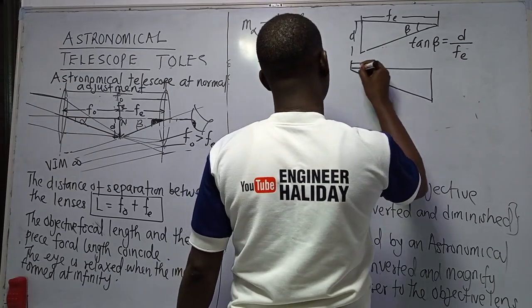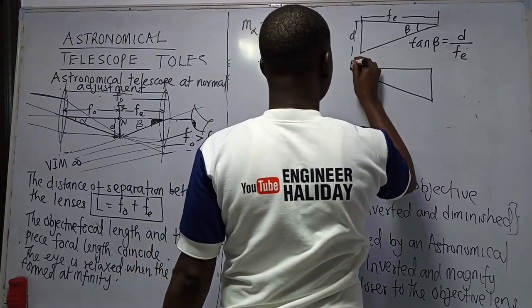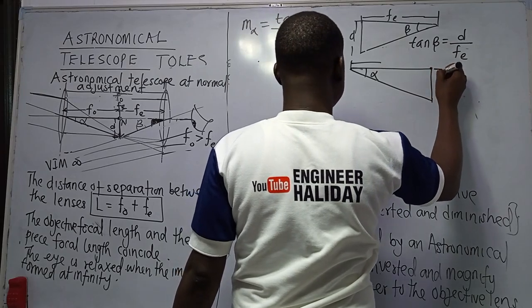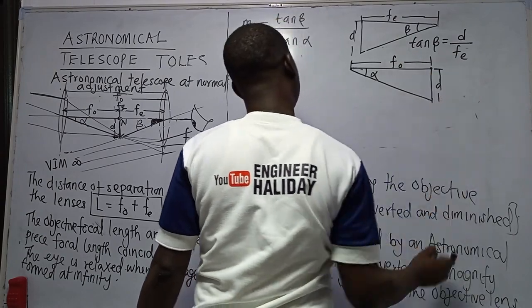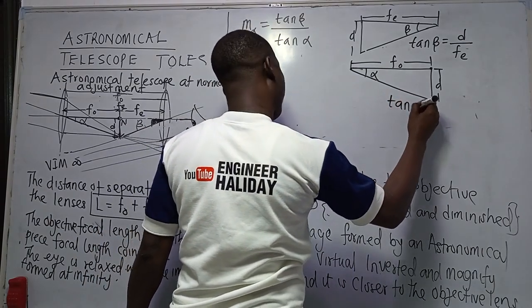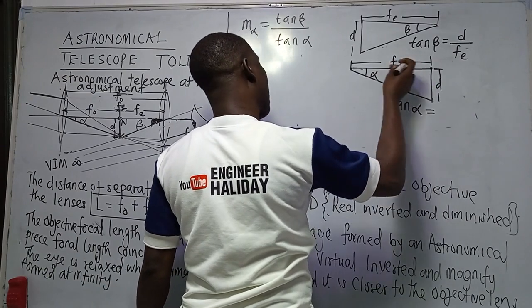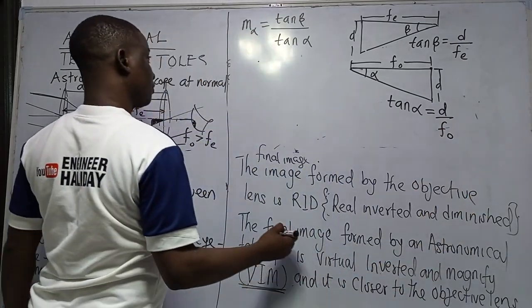From the optical center of the objective lens to the image, which is also D, the distance is F naught. So tan alpha is opposite over adjacent, that is D over F naught.